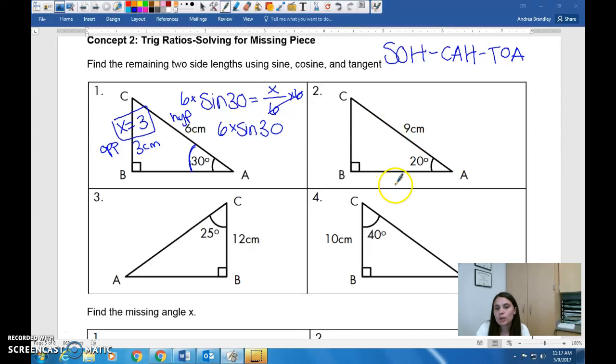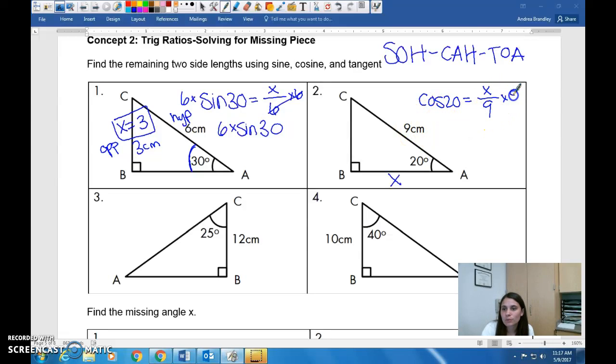On number 2, we're going to solve for this side. Now if I look at my angle right here, I want to find the adjacent side, and I know the hypotenuse. So this time I'm dealing with adjacent and hypotenuse, which is cosine. So the cosine of 20 equals the adjacent, which is x, over the hypotenuse, which is 9.